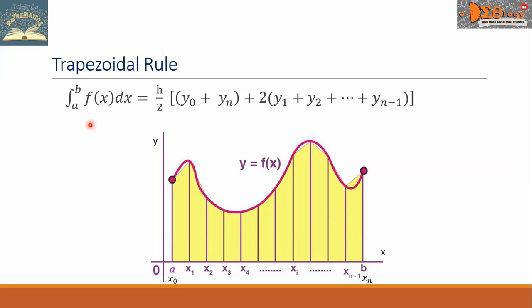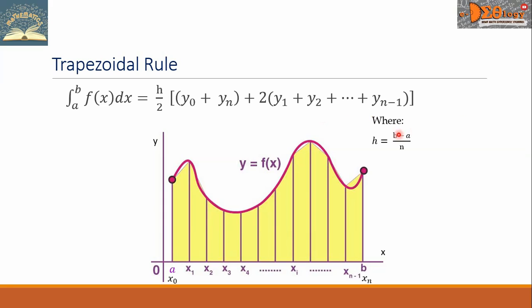This is now the formula of the trapezoidal rule. The definite integral from a to b of the function f of x dx equals h over 2 times the quantity y sub 0 plus y sub n, which means the y values corresponding to the first value and the last value, plus the constant 2 times the sum of the y values of the corresponding x values.